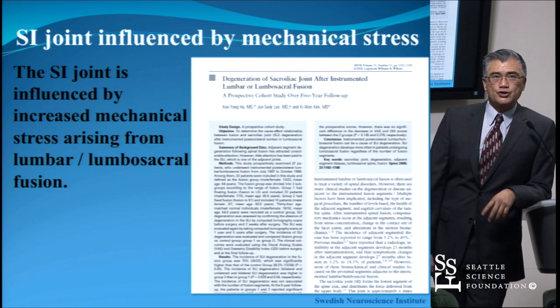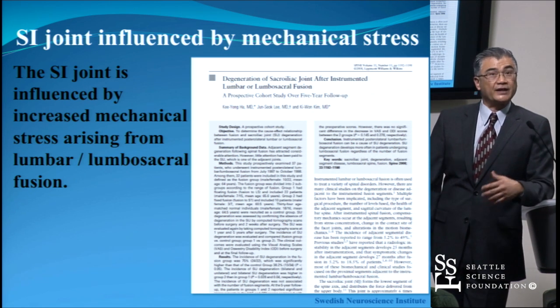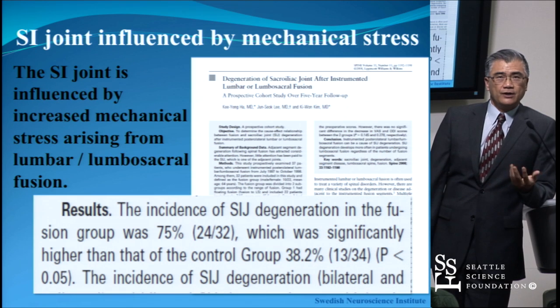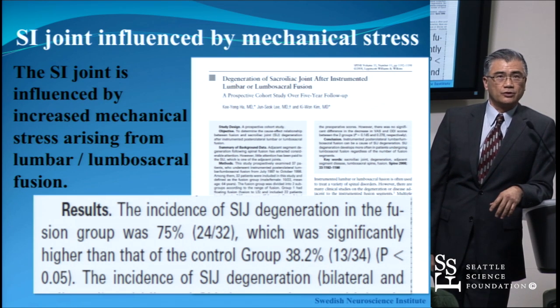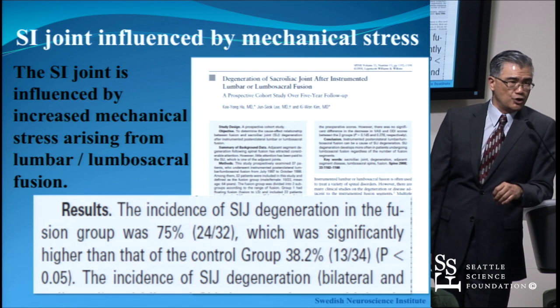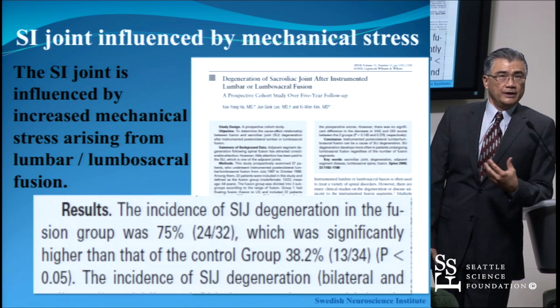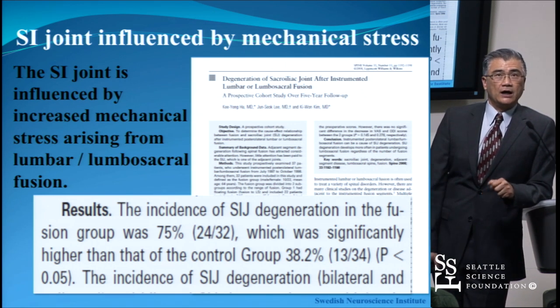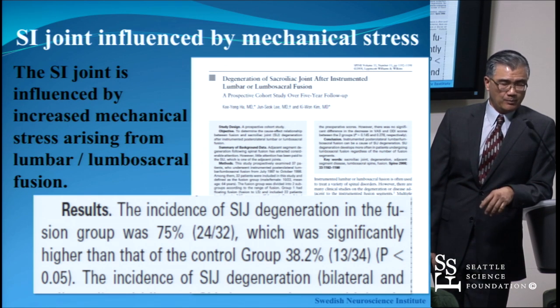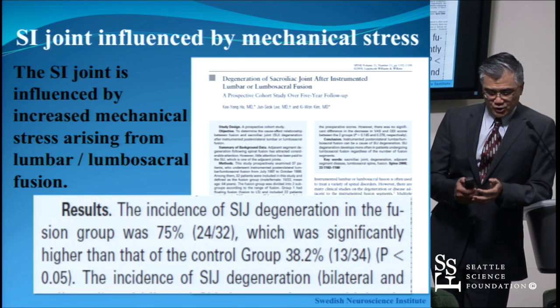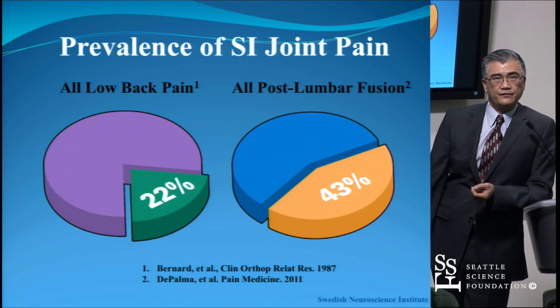There are some studies that show that too, and I don't have a lot of time, so I just want to jump to this particular study showing a significant percentage compared with the control group, that the SI joint can be an adjacent level and can be the origin of pain, especially for patients that have a previous lumbosacral fusion.